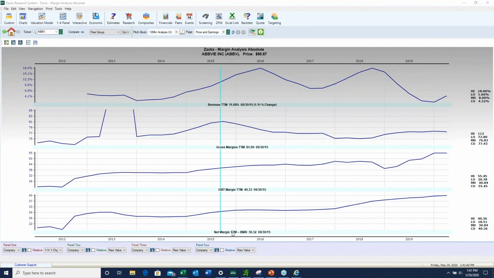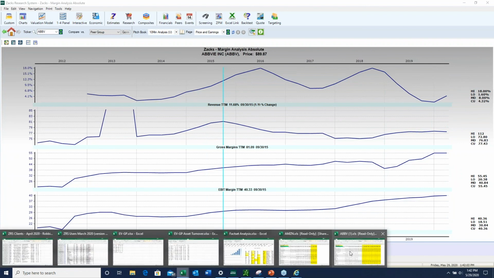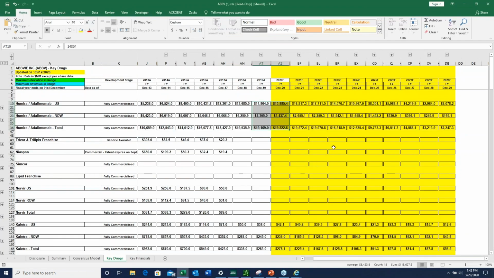Their margins have been increasing. Their top line looks like it's actually turning a corner. And with this acquisition that we just read about, it looks like they've put all the pieces in place to essentially directly address the biggest concern that investors had, which is that very, very scary headline of declining Humira sales.